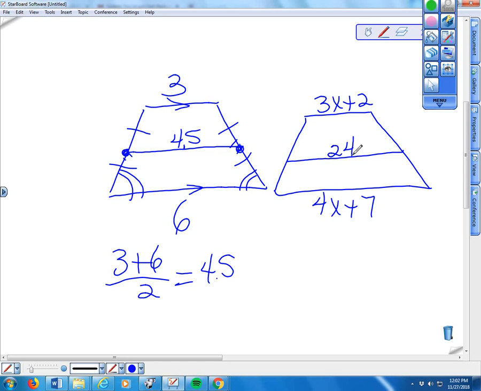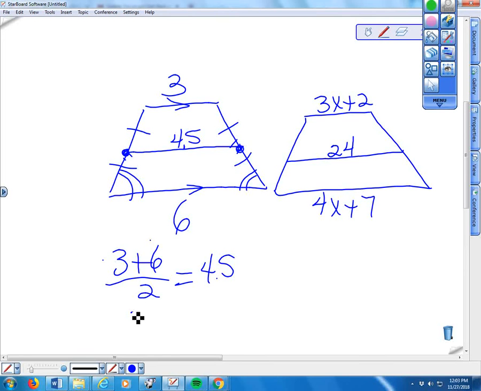But if I'm given the two bases, one is 3x plus 2 and one is 4x plus 7, and the mid-segment's 24, how would I set an equation up to solve for x? Yeah, to find x, what would I do here? 3x plus 2 plus 4x plus 7 equals 24. Close. It's really close. It's base 1 plus base 2 over 2.